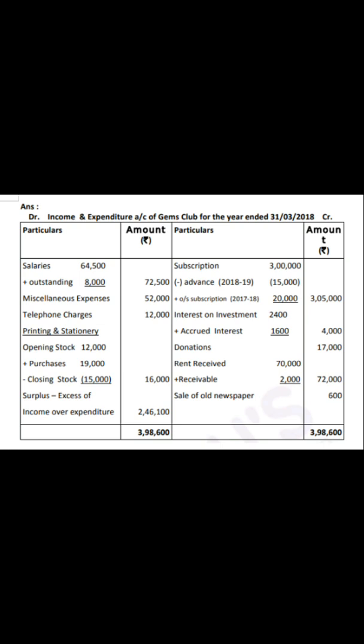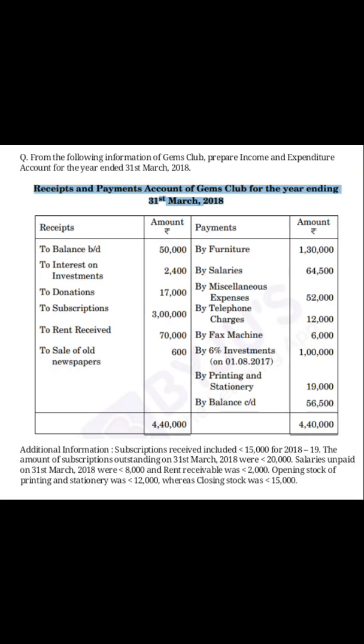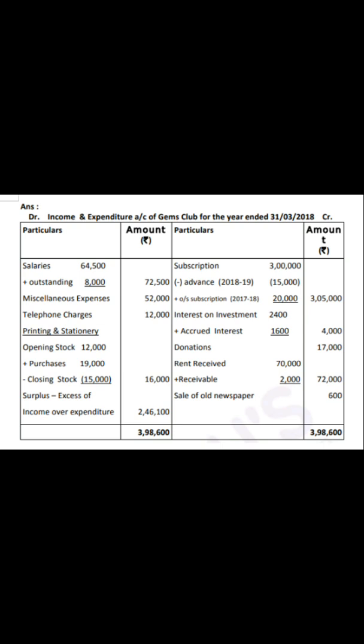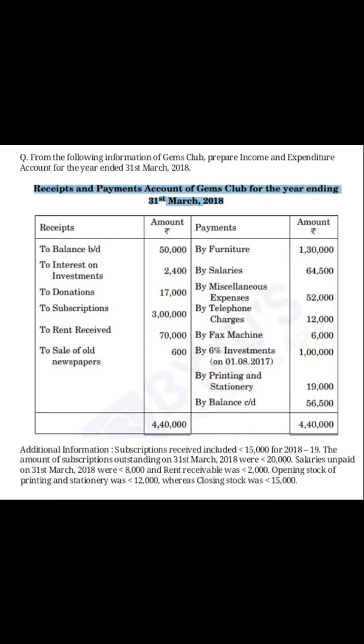Next income is from donation, which we can again take from our receipt and payment account, that is 17,000. Next is our rent received. As we can see, the rent received on the receipt side of receipt and payment account is 70,000, and in our additional information it is given that rent receivable was 2,000.